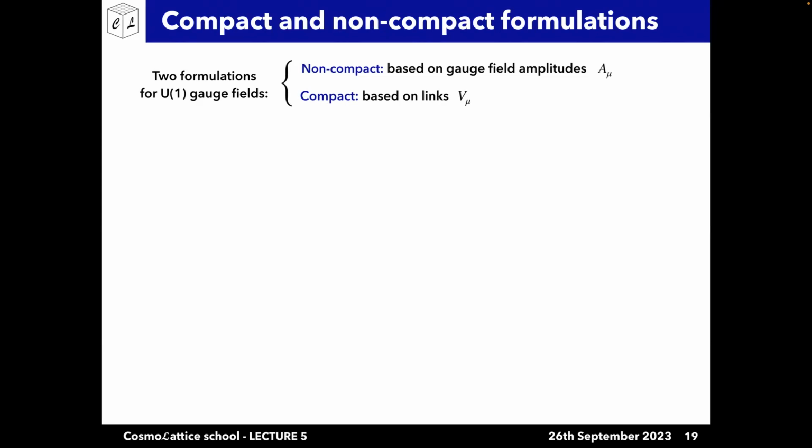So the fields that we will implement in CosmoLattice, in the non-compact formulation, are really the fields that we evolve. They are really this gauge field component, this A_mu. While in the compact formulation, what we evolve is not the gauge field components, but the links. So I think we will focus on the non-compact formulation.